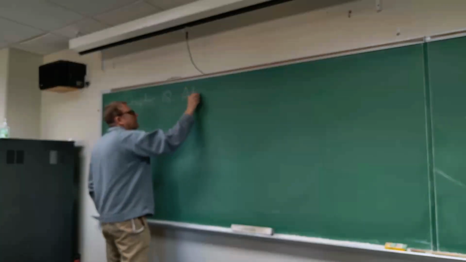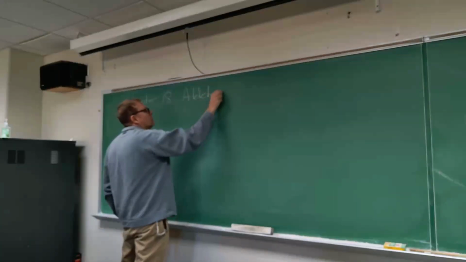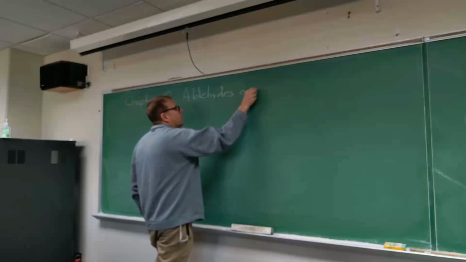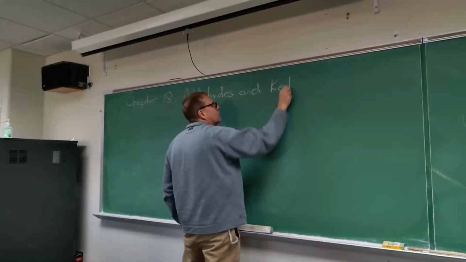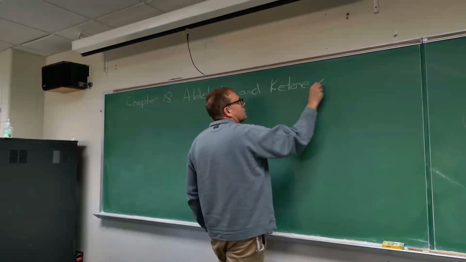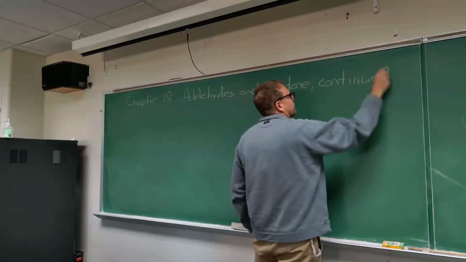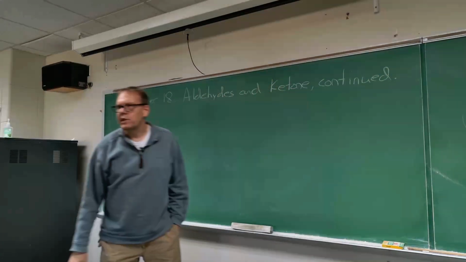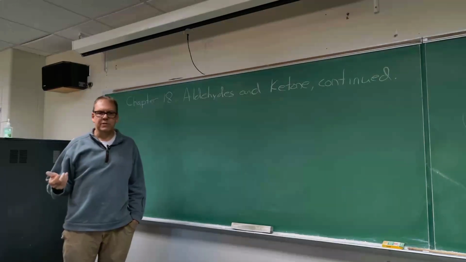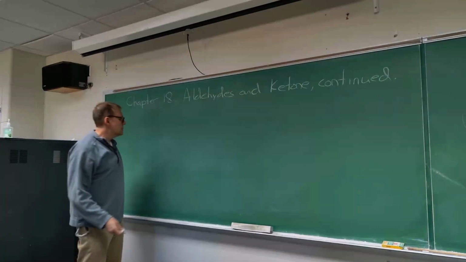So I'm going to say aldehydes and ketones, continued. The book doesn't say continued, but I'm putting it in there as a transition because it's not the first time we've seen them. It's not our first look at aldehydes and ketones.